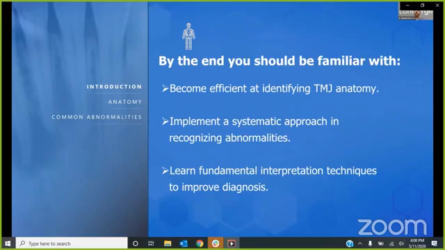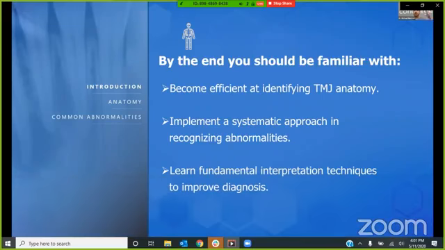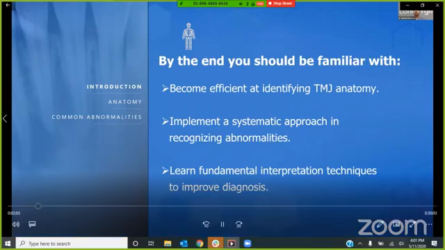Again, I'm going to touch on the basics, the ones that you're going to see the most often. I'm not going to get into tumors or anything, or neoplasms, but basically just the findings that you're going to see the most often. It's important to know the temporomandibular joint because you have to imagine nowadays with cone beam CT, how many people are taking full head scans of the patients and looking for airway issues.